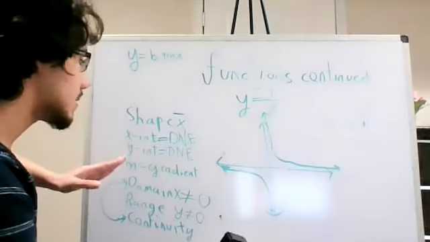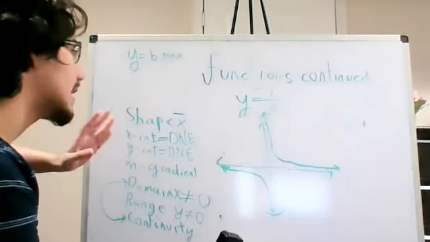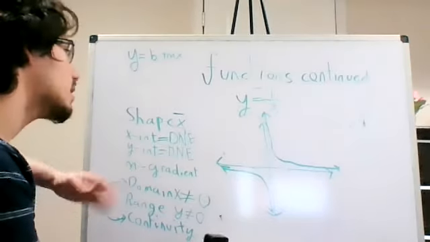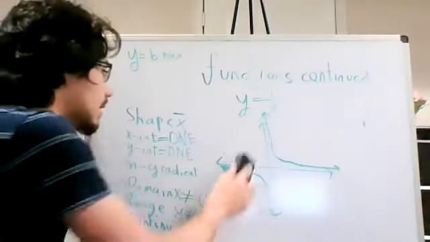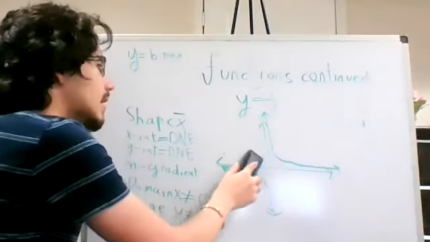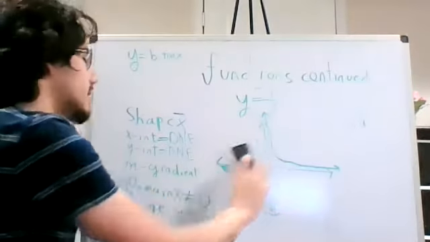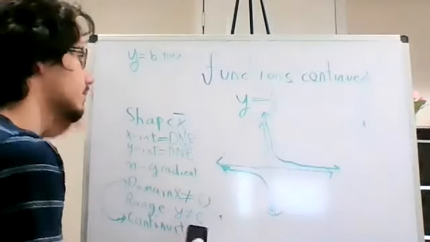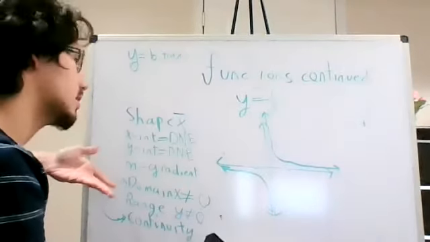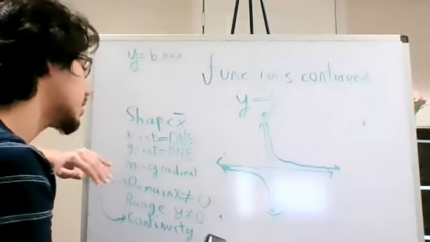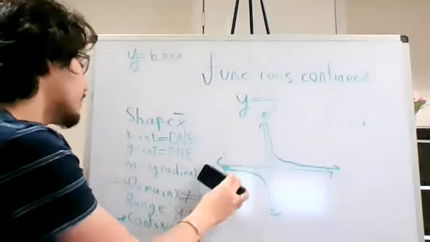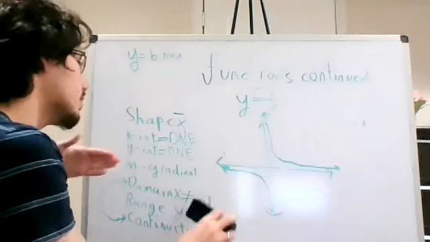Now, the gradient will apply in the future to other functions, but this function in particular will not be affected by the gradient because of the nature of it. But in the future, we will run into having to use gradient further.